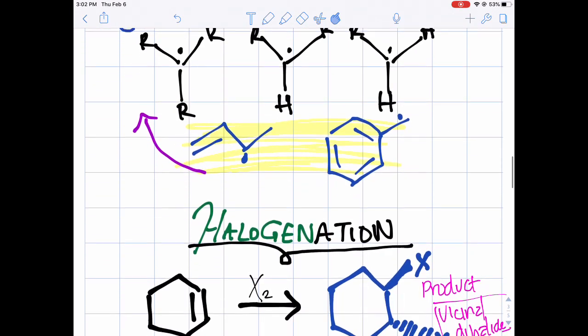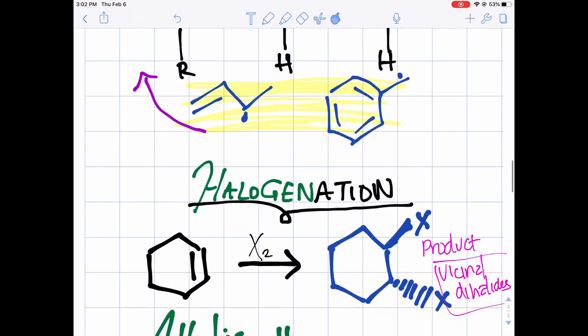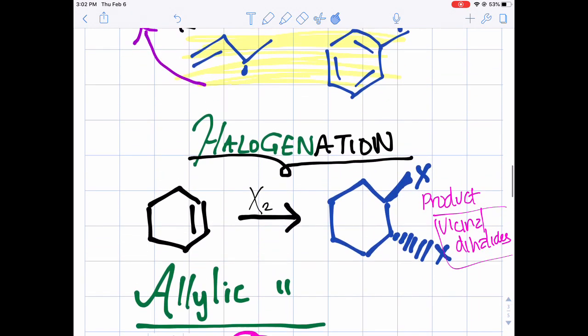Okay, so let me bring back a reaction that we are familiar with from orgo 1, halogenation, right? Halogenation is when you react an alkene with a dihalide, or halogen.